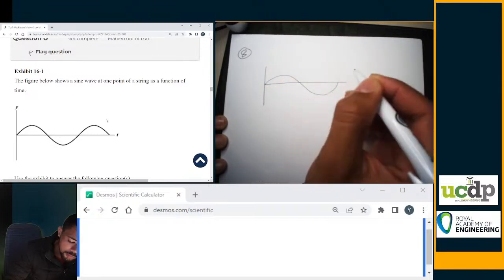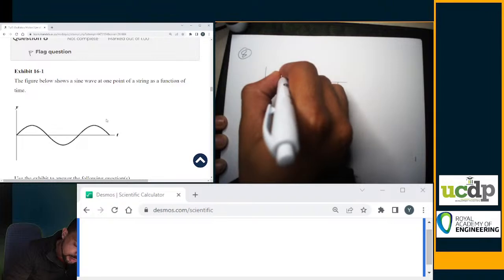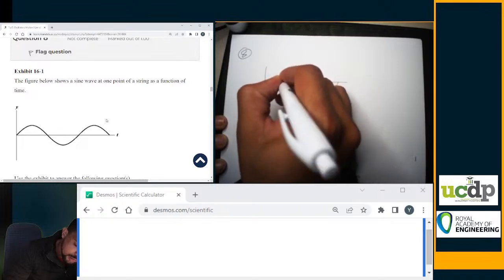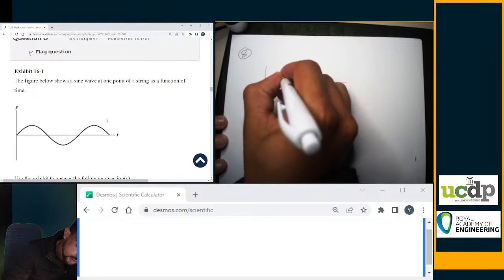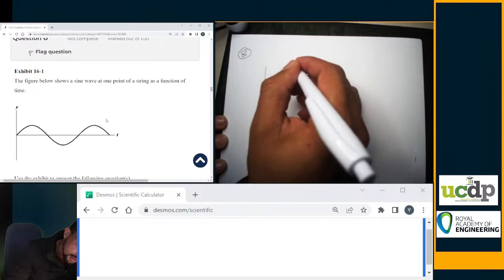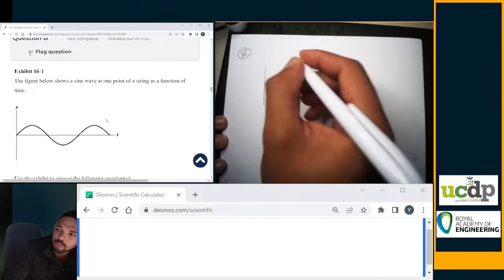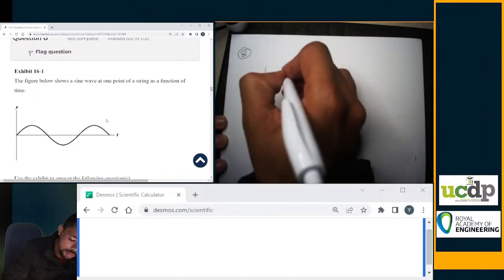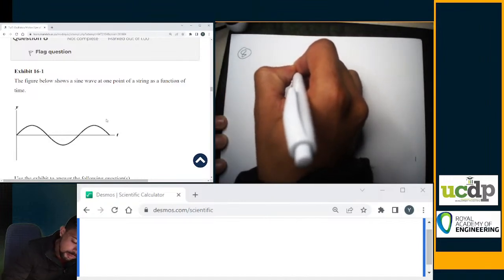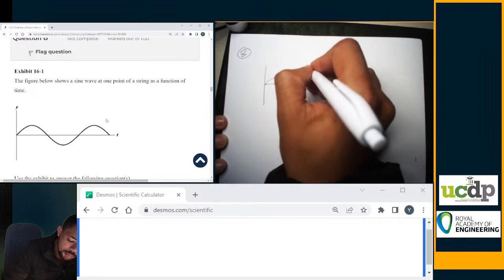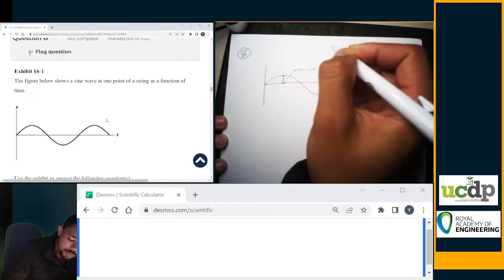The height from a crest to the equilibrium is its amplitude. The maximum height from the crest to the equilibrium is the amplitude.